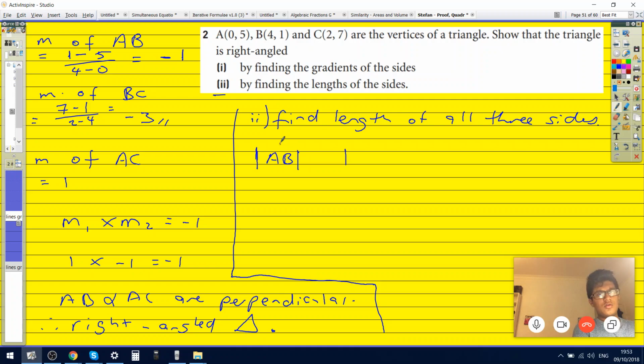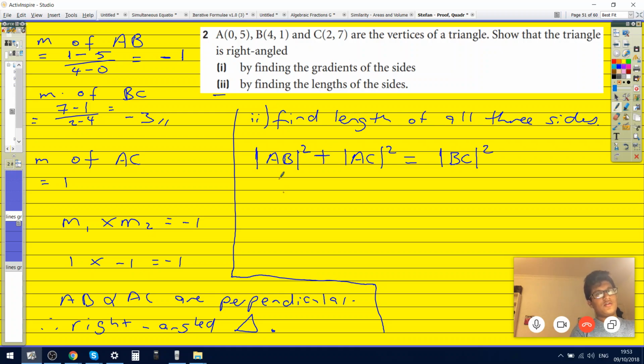So the length of AB. So which two sides did we say were perpendicular? So AC. What do you know about a triangle if it has a right angle and three sides? Well, it follows Pythagoras' rule.